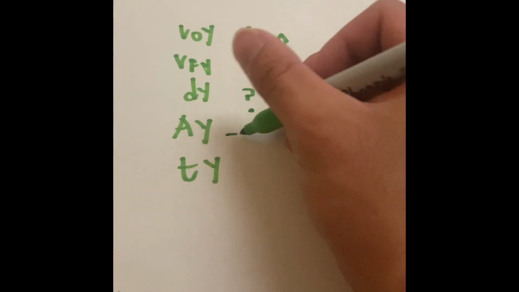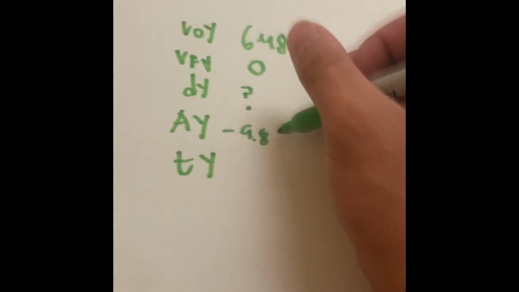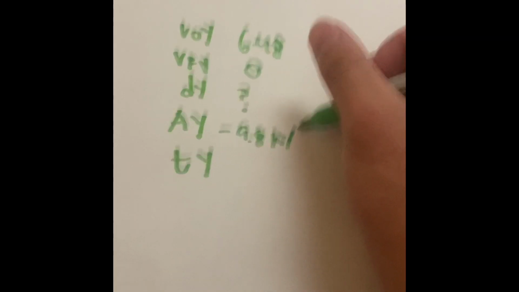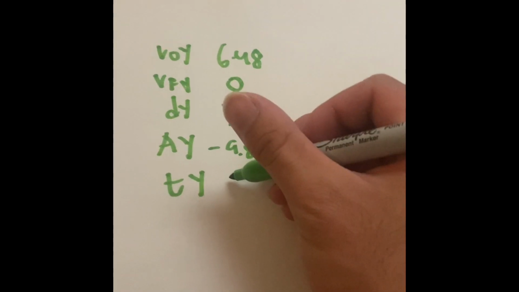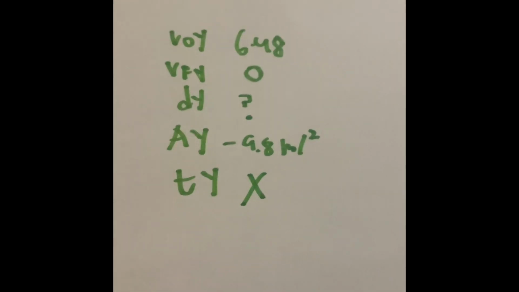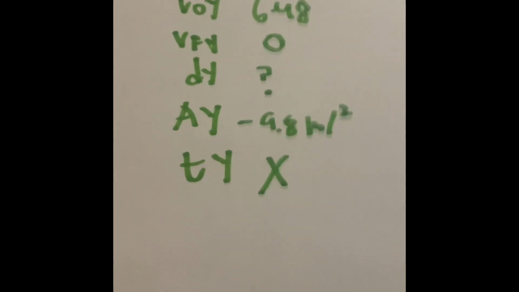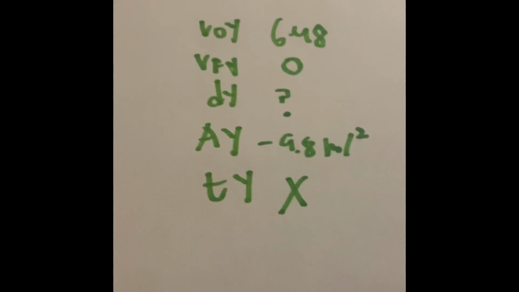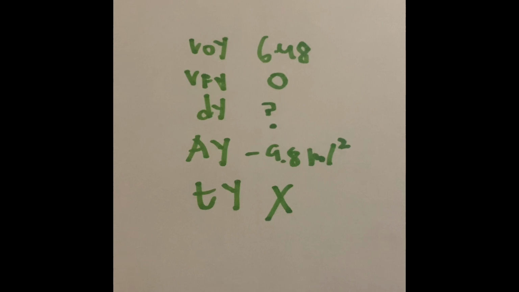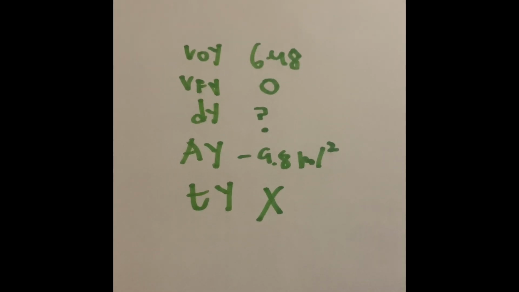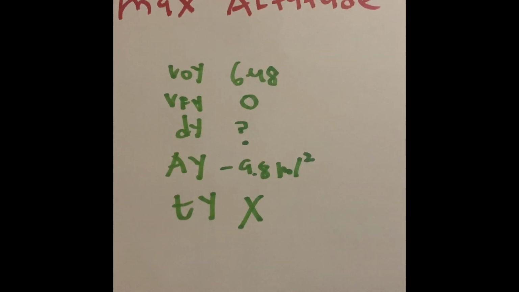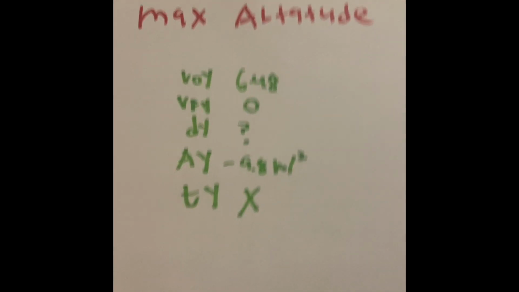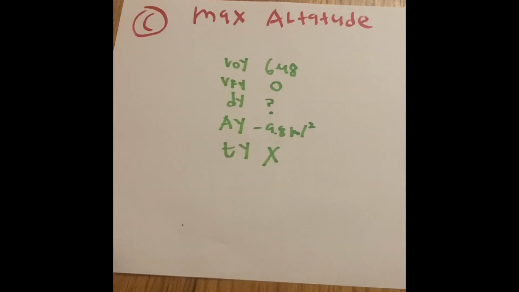Our ay is our gravitational constant, 9.8 meters per second squared, or the gravitational pull. We don't want to find out what the ty is, or the time in seconds, because A, we already solved it, and B, we don't need it. What we have to do is use another kinematic equation, the 1, 2, or 3. Yes, we'll have to use the third kinematic equation for this one.